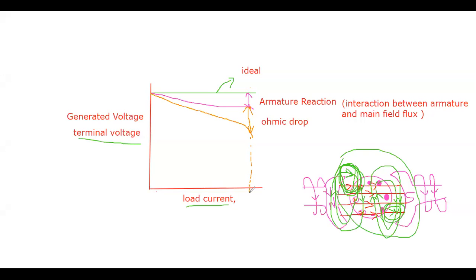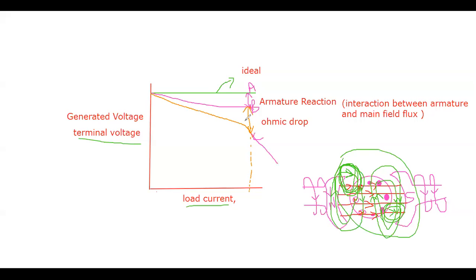If you increase the load, the load current also has to increase. I consider this point as C, this point as B and this point as A. If I increase the load beyond point C, actually the current should keep increasing after this region, like this, it has to follow.